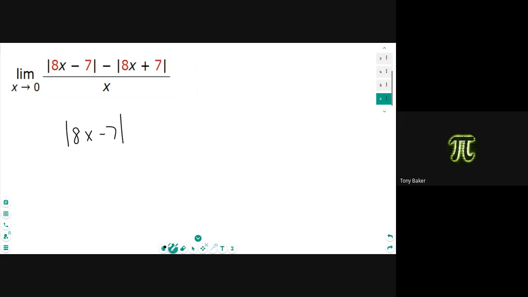If I plugged in 0 to that, I'd get -7 inside the absolute value, right? So I somehow have to change the sign of that, correct? So if I was going to change that, I could rewrite this as the limit. Actually, I'm going to do it underneath.